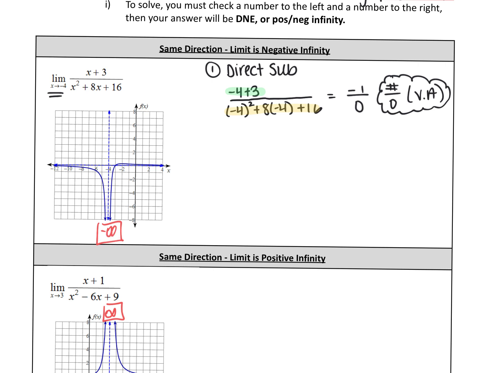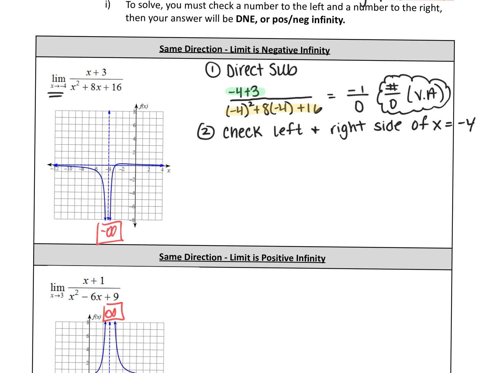In order to decide if they're going in the same direction or not, we have to do a little bit of testing. This is where we're going to do step 2. Step 2 is we need to check the left and the right side of the graph. We're checking the left and the right side of x equals -4, not of the graph particularly, but of this specific value.